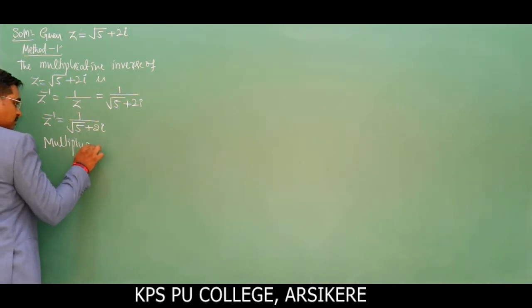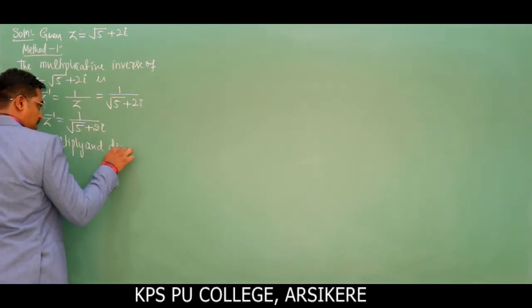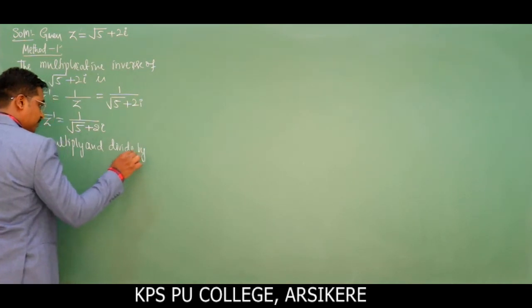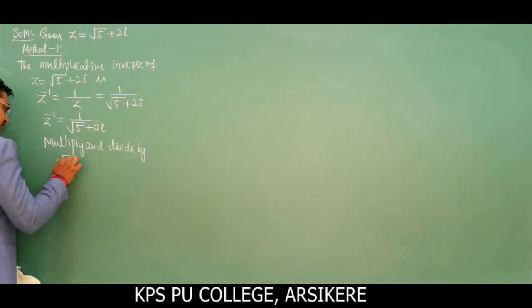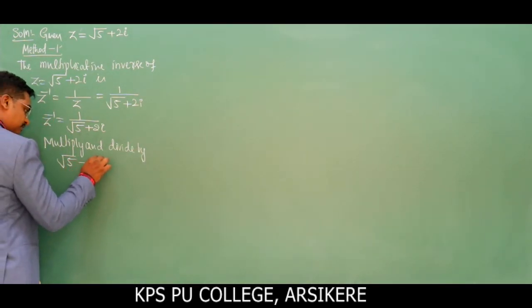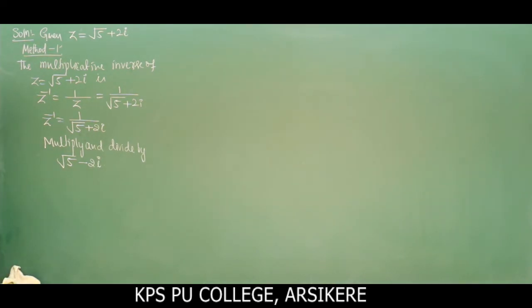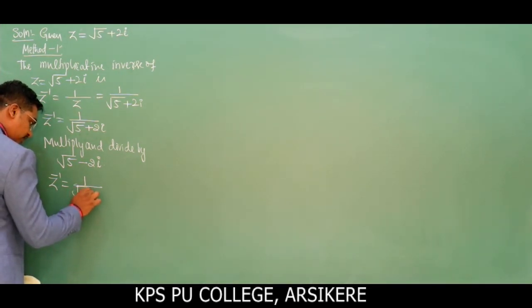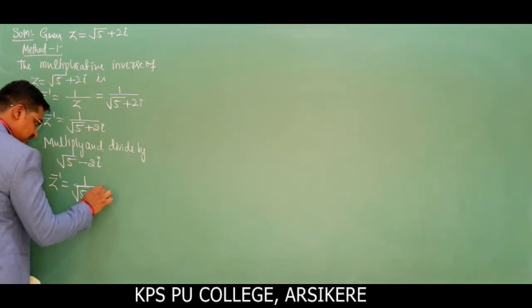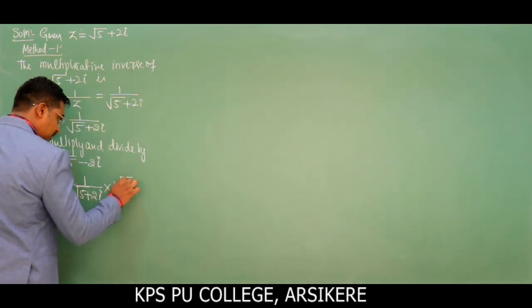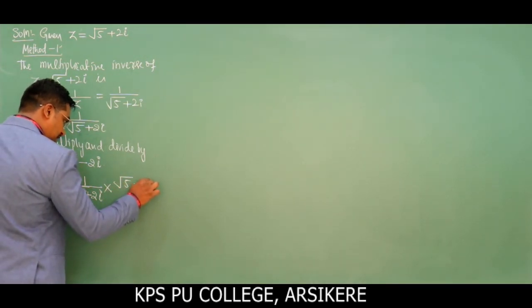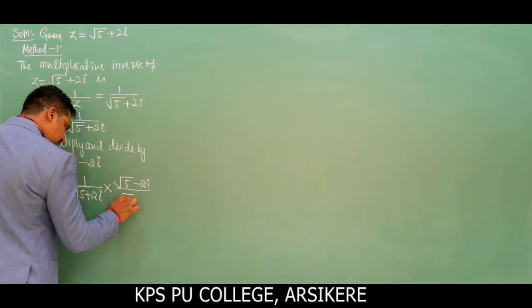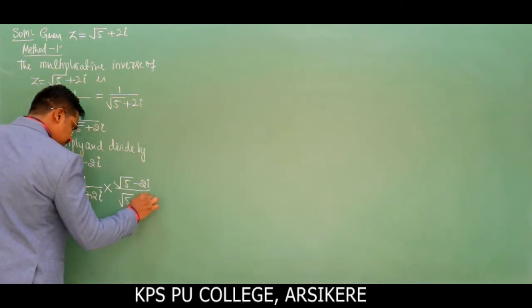Multiply and divide by root 5 minus 2i. So z inverse becomes 1 divided by root 5 plus 2i as it is, multiplied by root 5 minus 2i, at the same time divided by root 5 minus 2i.